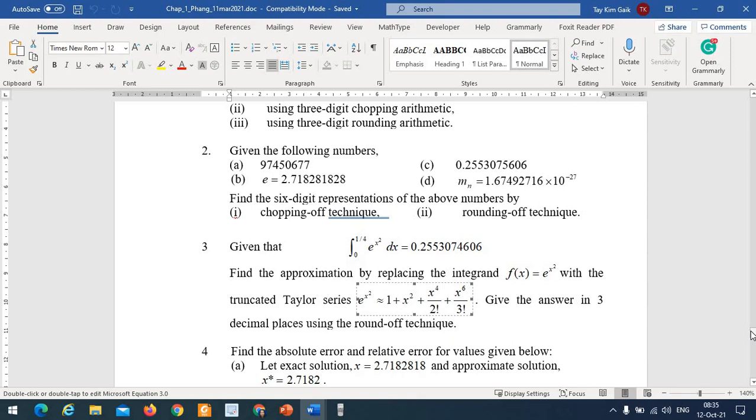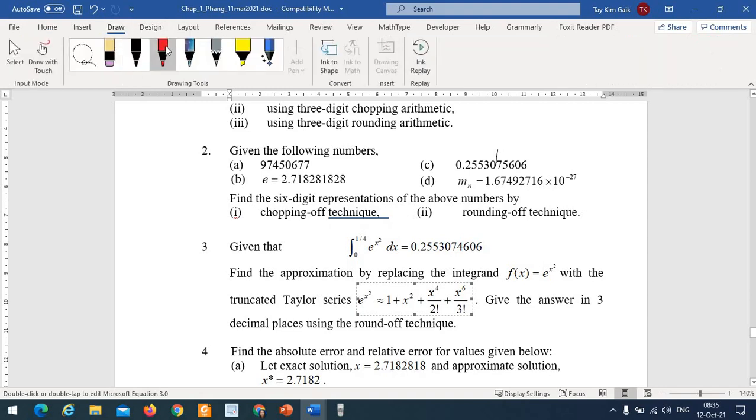Let's say we pick 6-digit. Question C, 6-digit. The first digit here, 1, 2, 3, 4, 5, 6, up to here. Up to this number. If chopping off, you truncate the rest.